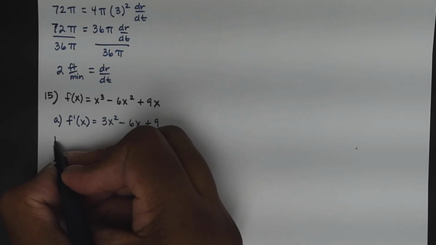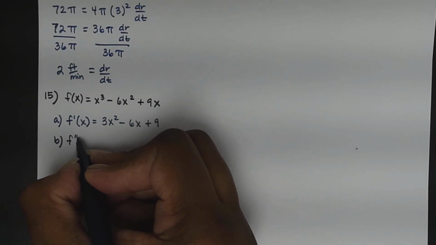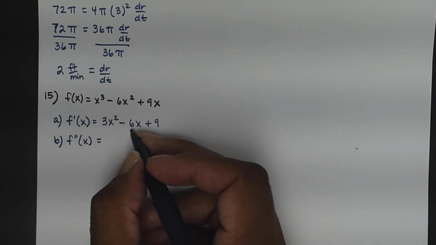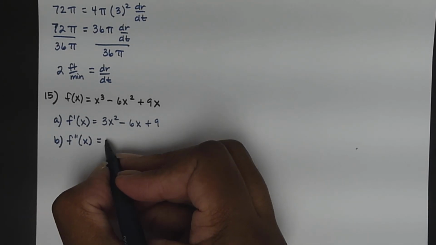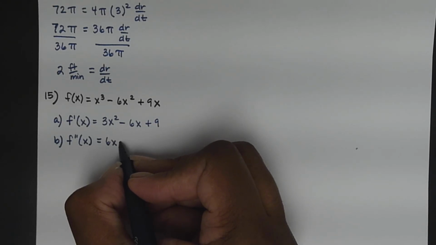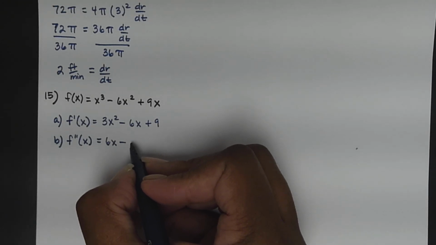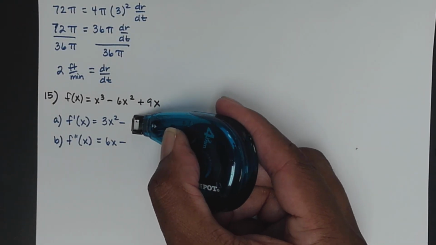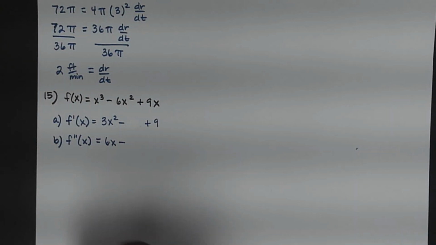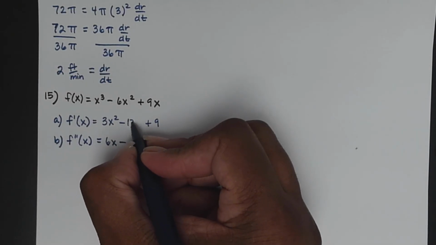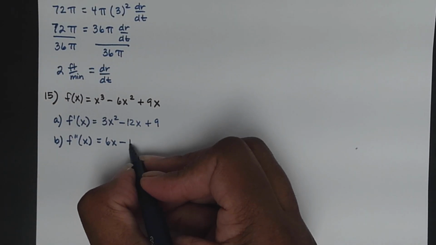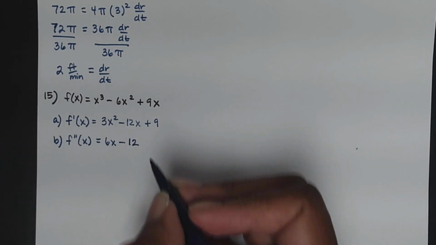That's part A. Part B is the second derivative, f double prime of x. We take the derivative of the first derivative. For 3x squared minus 12x plus 9, its second derivative would be, now I made a mistake. Bring the 2 down, multiply by 3, it'll be 6x, and the derivative of minus 12x would be minus 12.